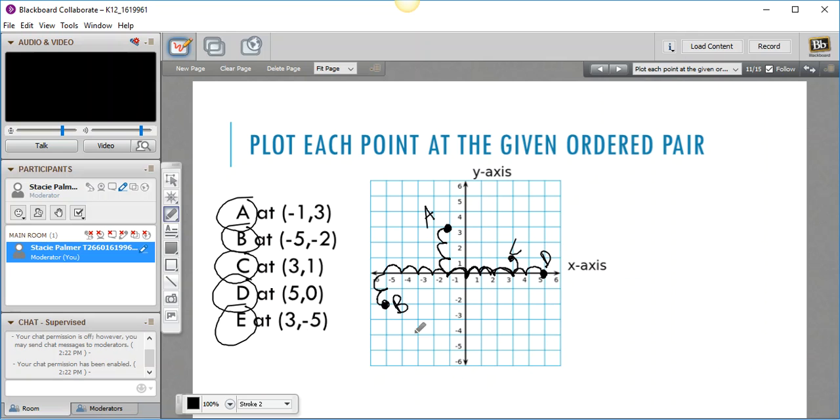And then the last one, point E at 3, -5. So from the origin, we move to the right 3, 1, 2, 3, down 5, 1, 2, 3, 4, 5. This would be point E.